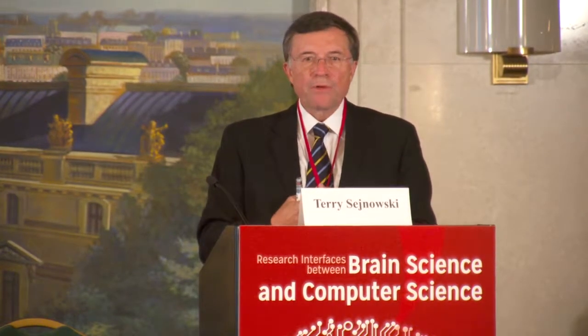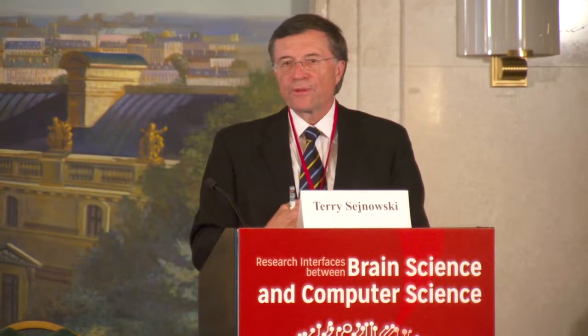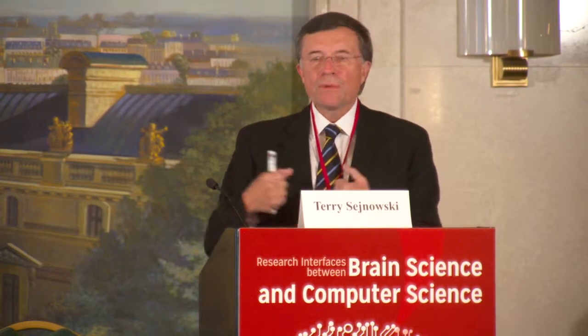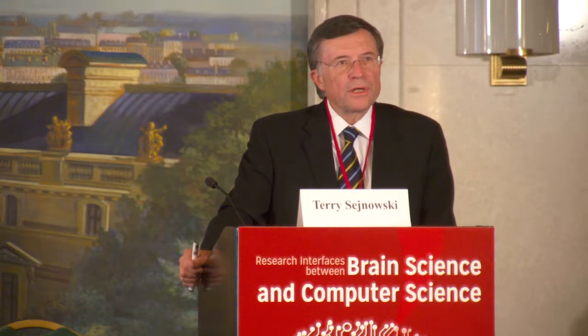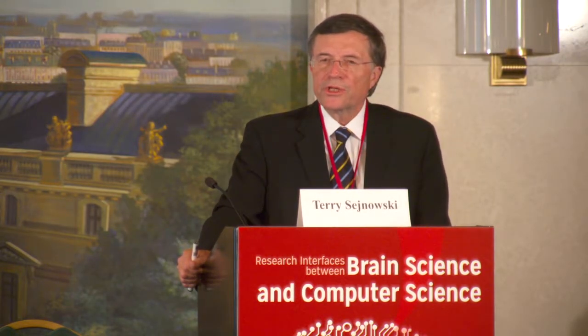And I was privileged to be a colleague of Francis Crick for many years at the Salk Institute, and we would discuss this issue. What kind of a theory would really be essential to making progress? Francis's approach, and it's all personal, right? His approach was to look for theoretical inspiration in neuroanatomy.